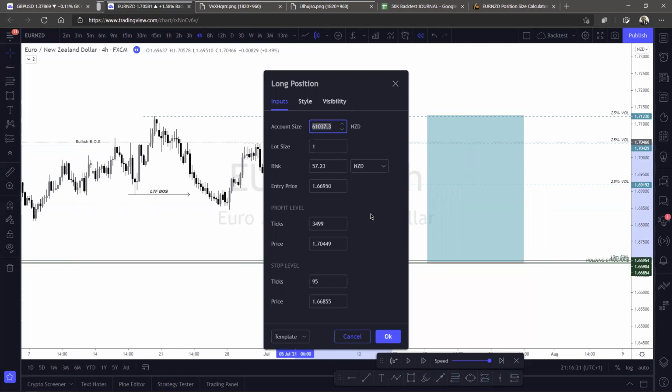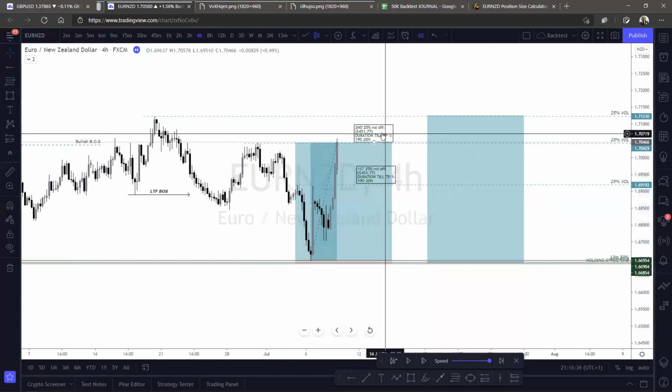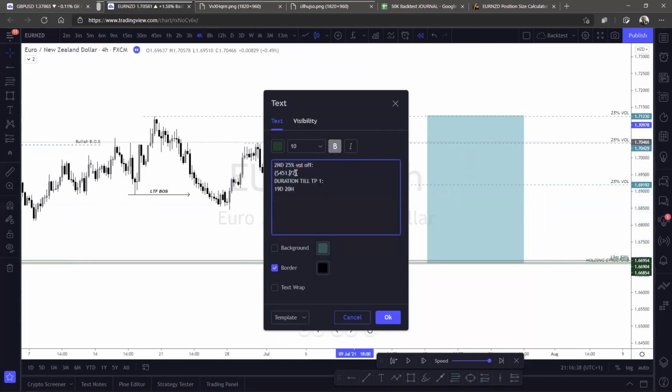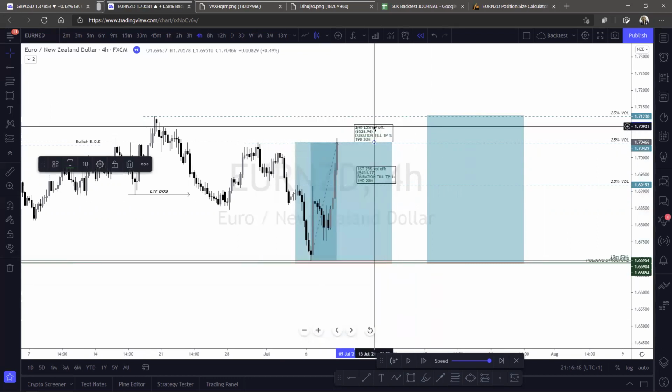So current profit right now is 2,187 times 0.25. Okay, so we take 25% off, which is 526.96, and then duration to TP2.